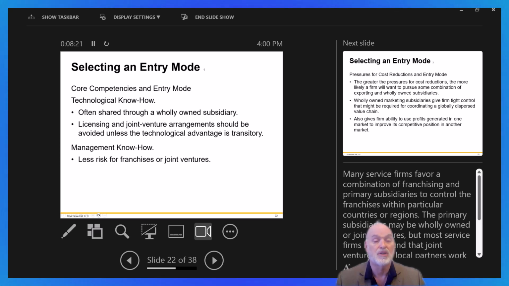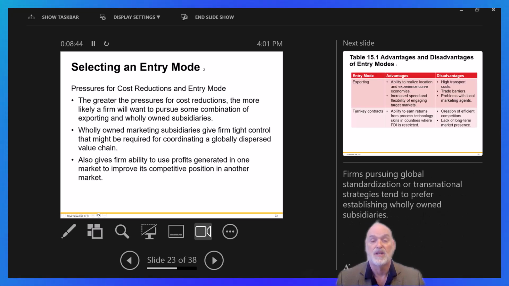Selecting an entry mode. Core competencies and entry mode: if you have technological know-how, it is often shared through a wholly owned subsidiary. Licensing and joint venture arrangements should be avoided unless the technological advantage is transitory. Management know-how: less risk for franchises or joint ventures.